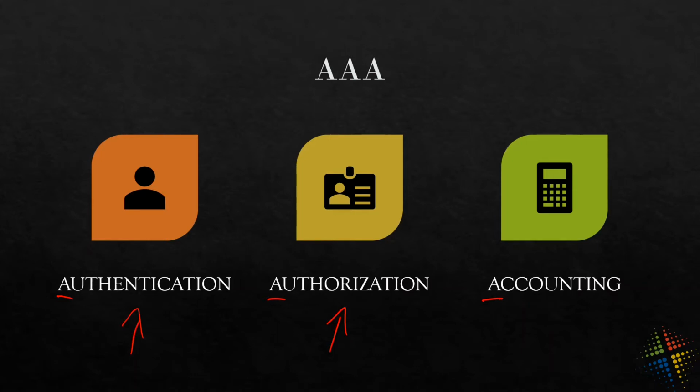And then lastly is accounting. The first two are basically, hey, here's what you can do. The last one here, accounting, is kind of a monitoring aspect of what somebody actually did. I said that you could go play in the park, and the accounting portion is actually writing down whether somebody went to the park to play.